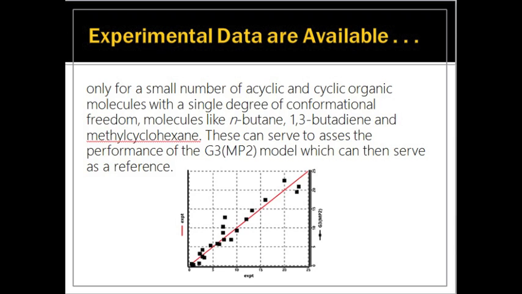There are very few data. So it is rather critical here to establish a computational reference. Since I'm going to be using bigger molecules, I'm going to use G3MP2, and I'll go to one better method for one case, an important case, in a few minutes.